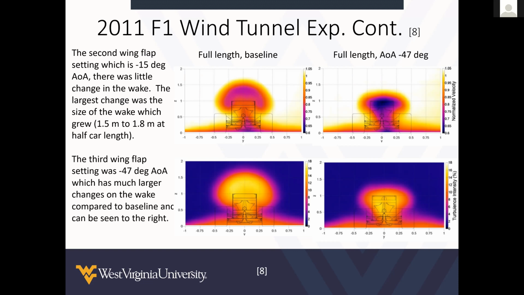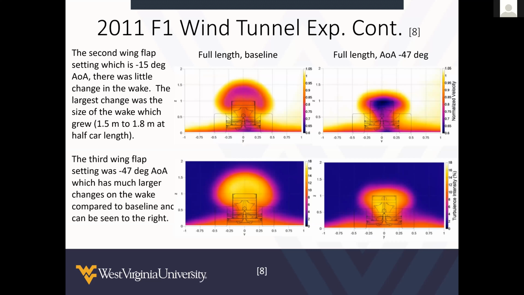And then the two pictures on the right are an angle of attack of -47 degrees. Here they're seeing that the turbulent intensity is decreasing. So you can see that the size of the mushroom cloud is changing, for both the normalized velocity profiles and the turbulent intensity profiles.